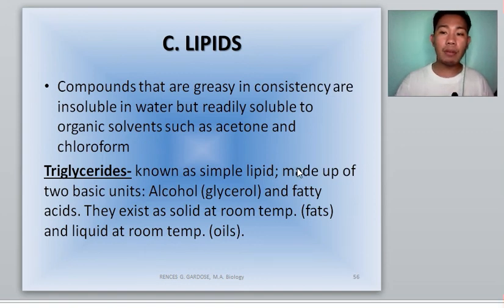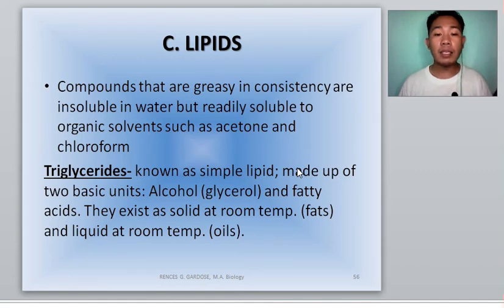The third macromolecule is lipids. Lipids are compounds that are greasy in consistency and are insoluble in water, but readily soluble in organic solvents such as acetone and chloroform.